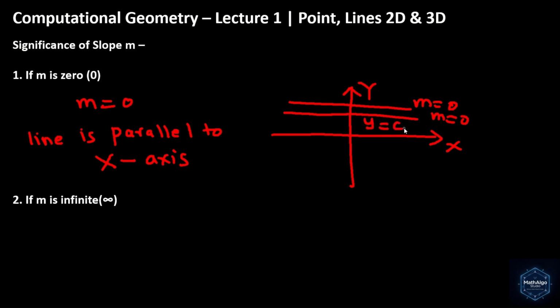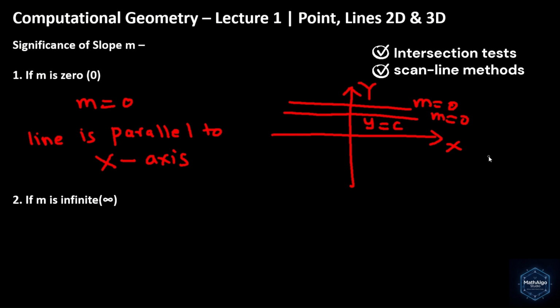In computational geometry, horizontal lines are important because they simplify many algorithms, such as intersection tests and scanline methods. If the slope m is infinite, this is because the denominator in the slope formula, x2 minus x1, becomes 0.